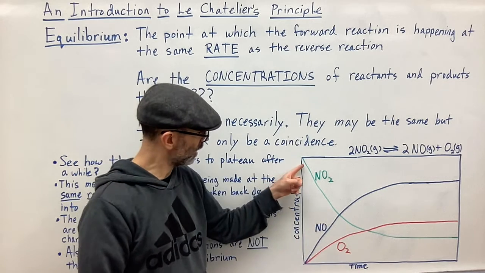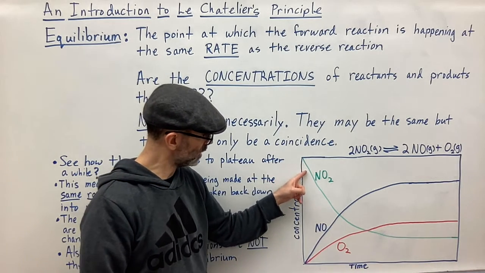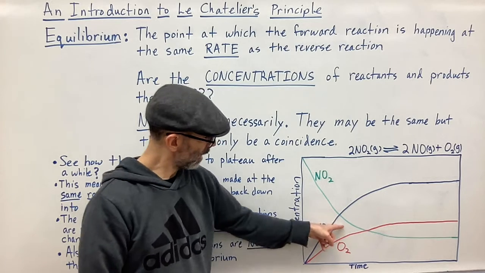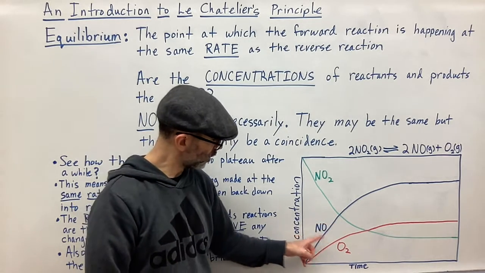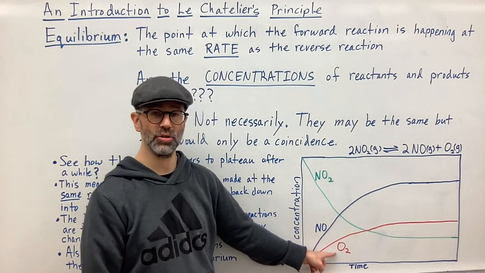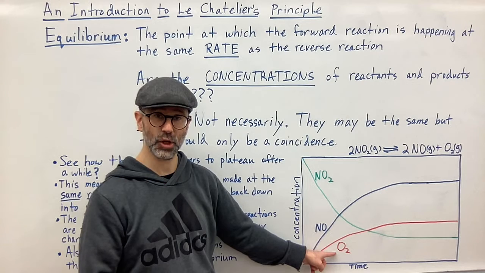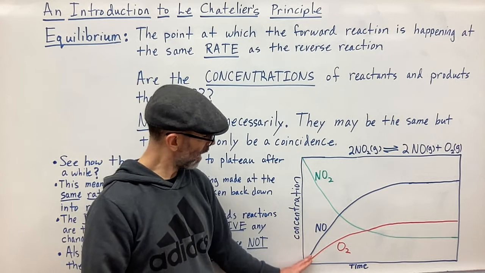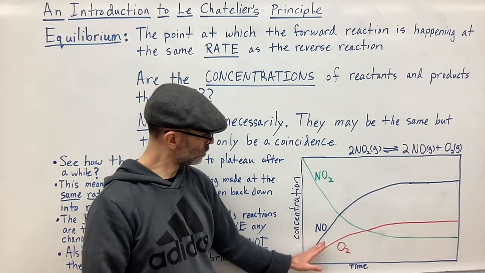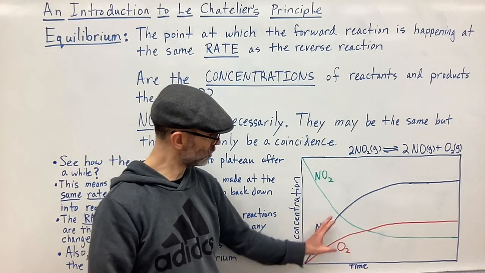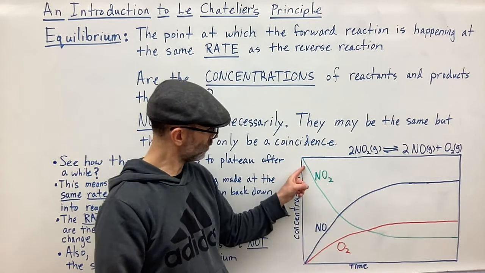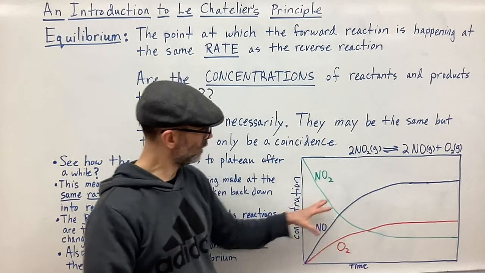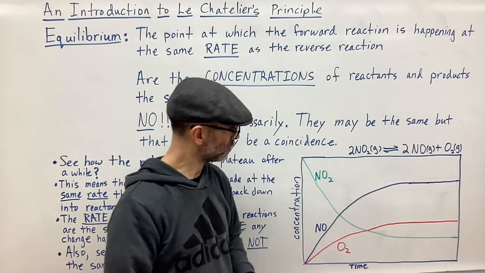And so you'll see that as time goes on, the concentration of NO2 decreases, and both the NO concentration and the O2 concentration are going to increase during that same time period. You'll notice that as time goes on, the NO and O2 concentrations go up, while at the same time the NO2 concentration is going down, and you'll reach this plateau.